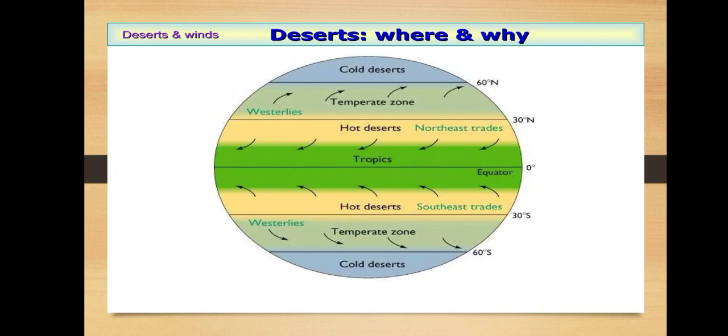As you see, the strong green color at the middle is the equator. We have to take note that nearest to the equator are the hot deserts, and above the equator we can find the cold deserts.